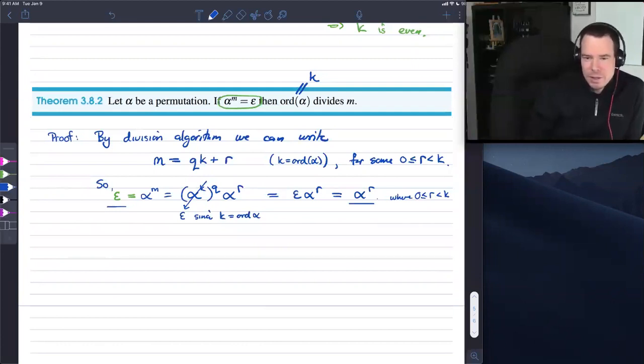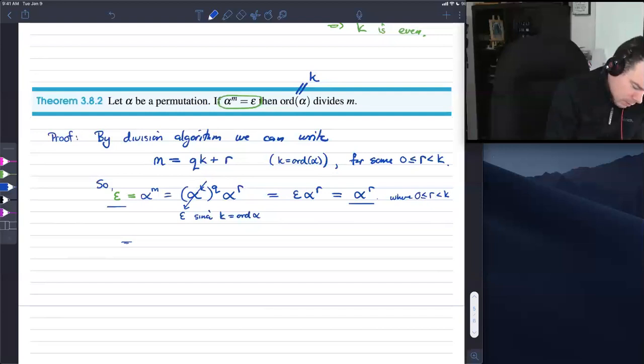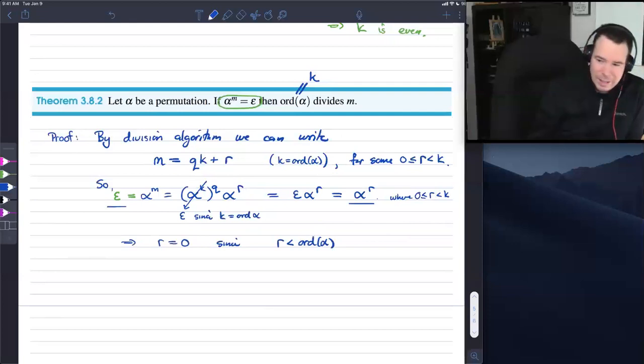So how could a number that's smaller than the order actually kill alpha? And the answer is it can't if it's a positive number, because the order is the smallest positive number that will kill it. So if r does kill alpha, it means it had to have been 0. So therefore, this implies that r is equal to 0, since r is smaller than the order of alpha. So it can't actually kill it unless it's 0 itself.